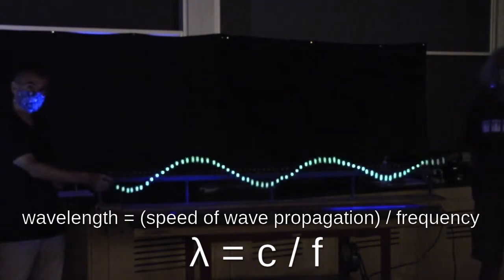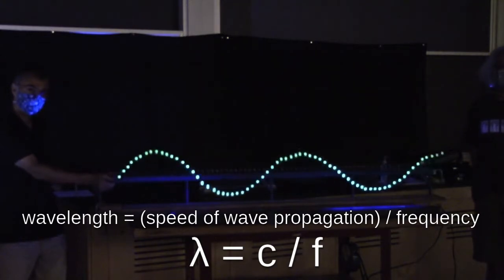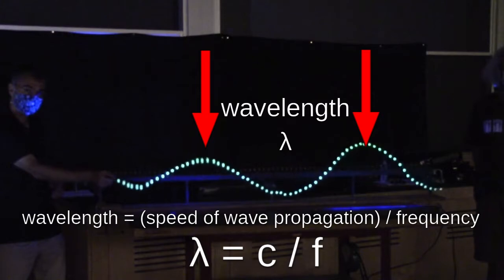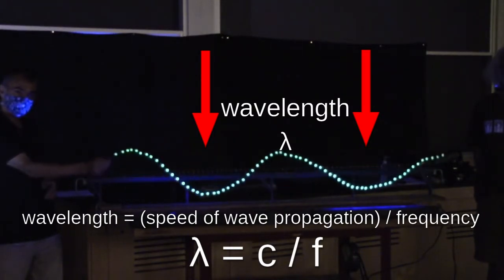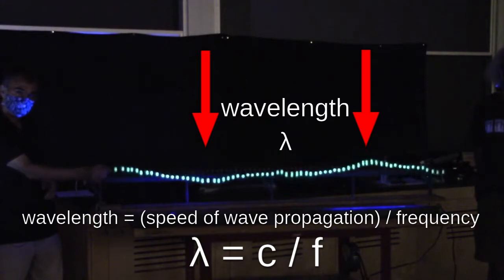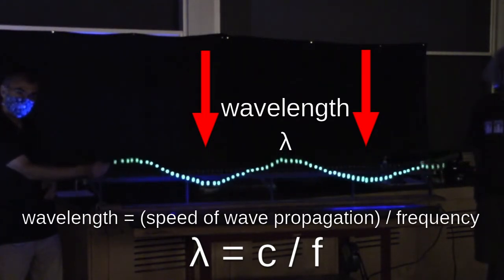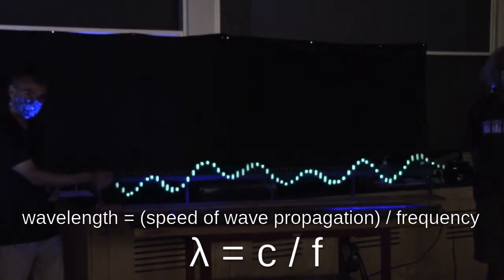And now notice if I shake it more slowly, lower frequency, we're going to see a longer wavelength. It takes a while for the transients to die out and for it to reach a new steady state. But if I shake it more slowly, you're going to see a longer wavelength. And if I shake it more quickly, you're going to see a shorter wavelength.